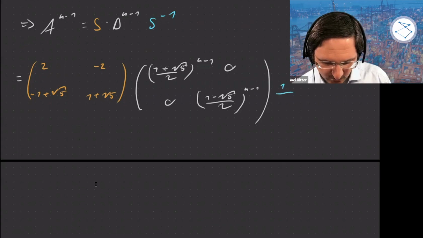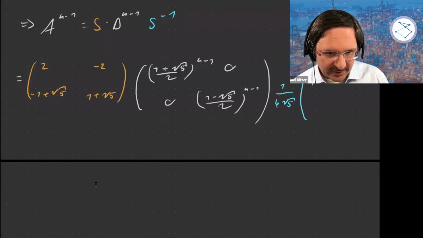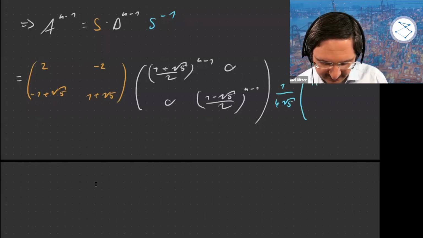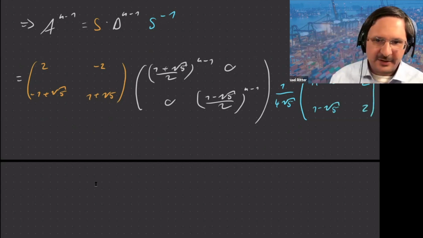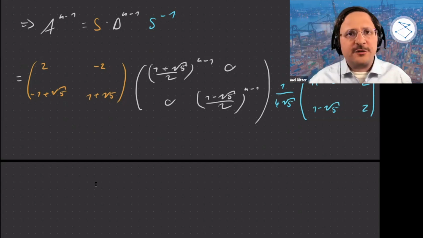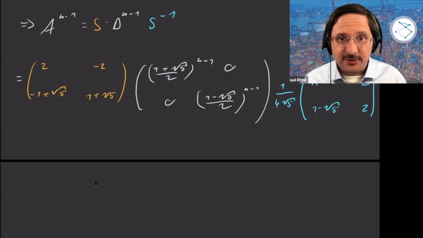That's 1 over 4 square root of 5 times 1 plus square root of 5, 2, 1 minus square root of 5, 2. Yeah, you can easily do this by the inversion formula for 2x2 matrices, for example. And of course, we can do this computation.